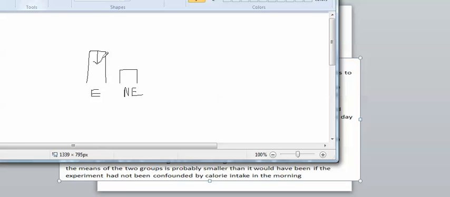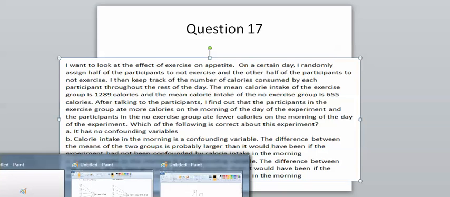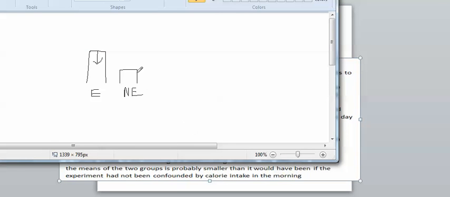And if the people in the no exercise group ate less in the morning, then they're more hungry, which means that they eat more. So the difference in eating will become smaller because of the confounding variable.